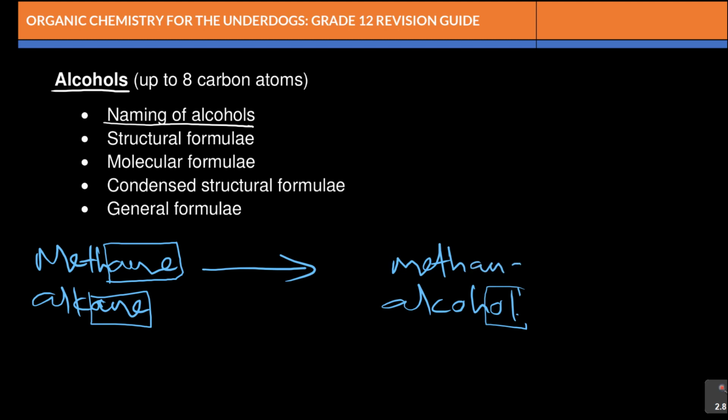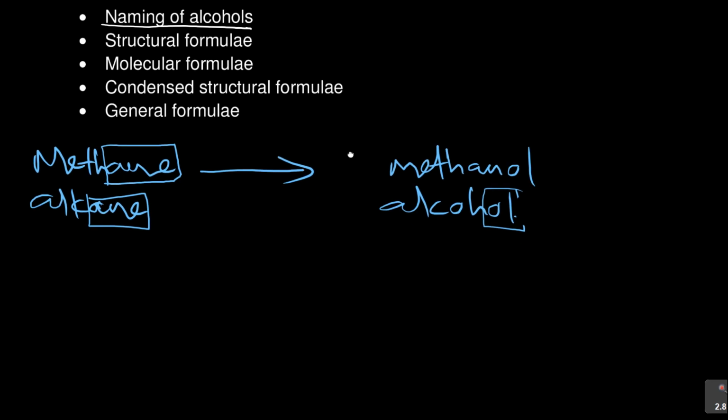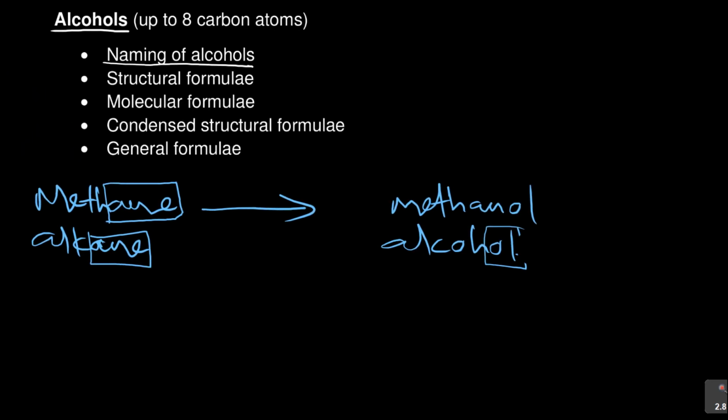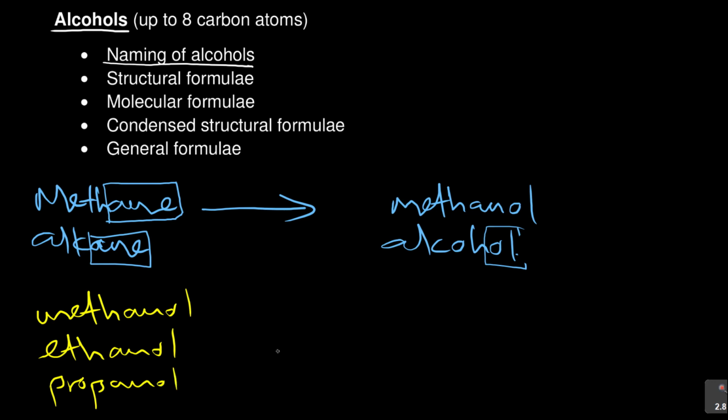Okay, so now if you start to name them like that, you can get the names. We have number 1, methanol. Number 2 is ethanol. Number 3 is propanol. And number 4 is butanol.